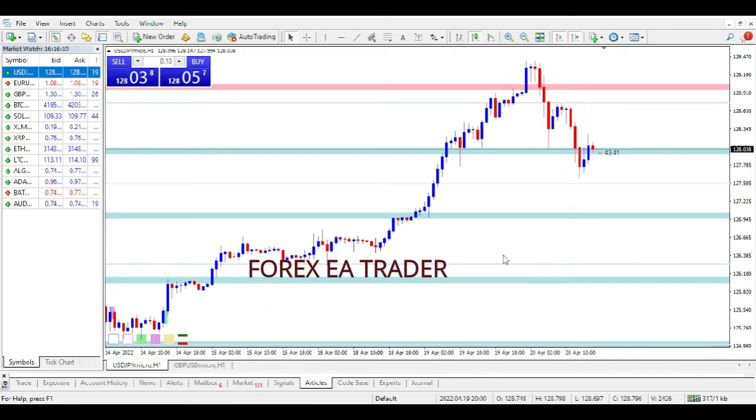Secondly, you cannot enter the markets or place any trades when you are not even aware of any news that might be coming up that day, because you might have a spectacular entry.